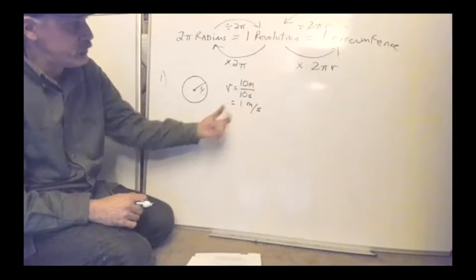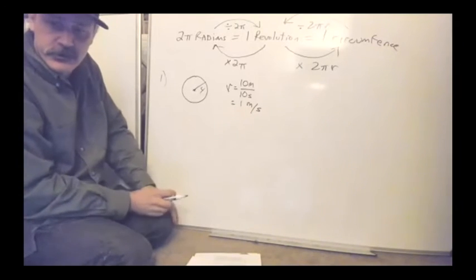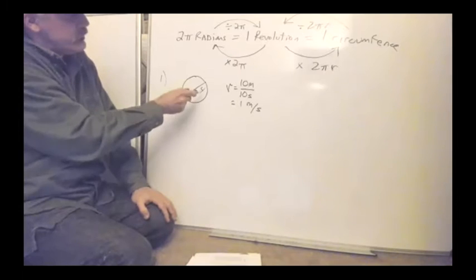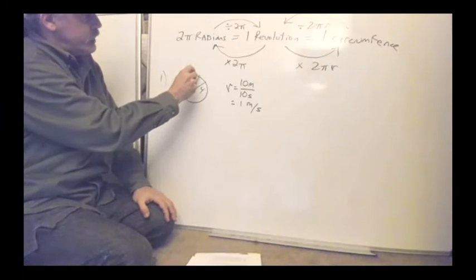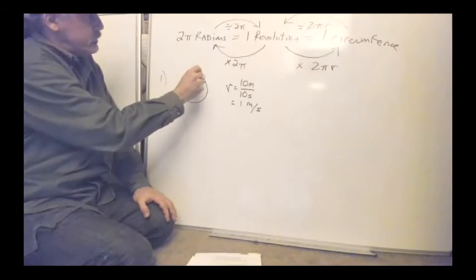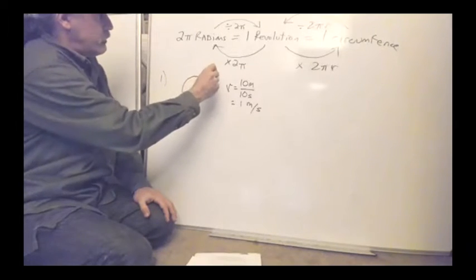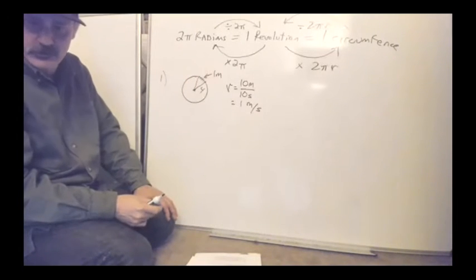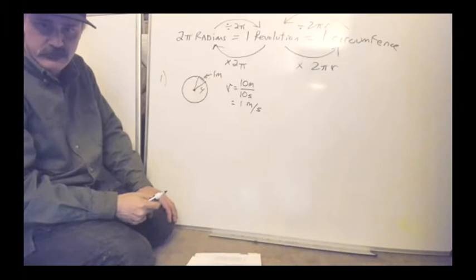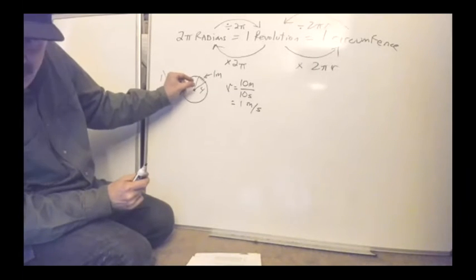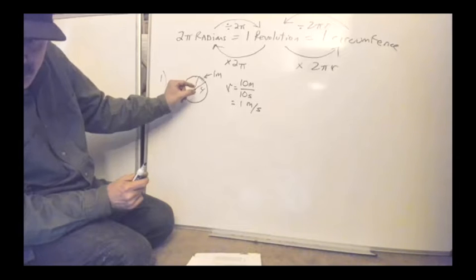Okay, so 1 meter per second. So in 1 meter, that would be 1 meter, and that happened in 1 second. All right, well, what would be the central angle in radians?